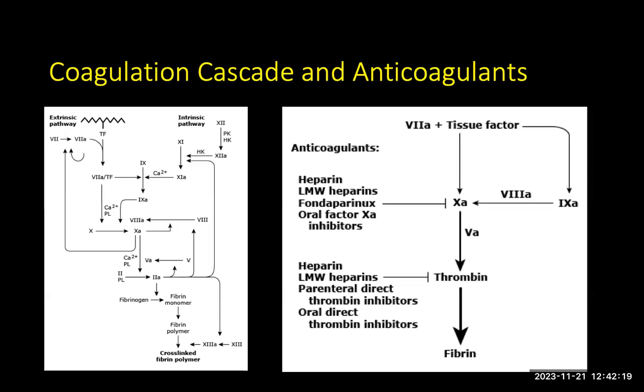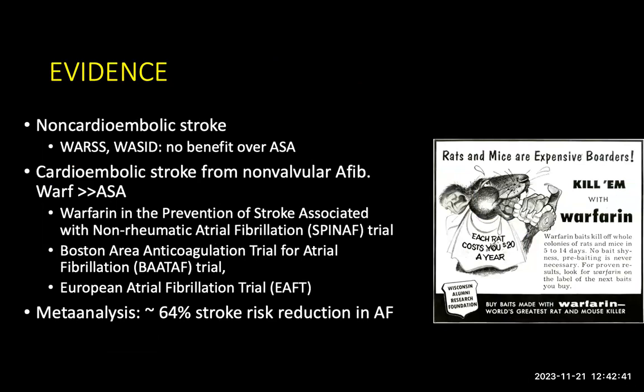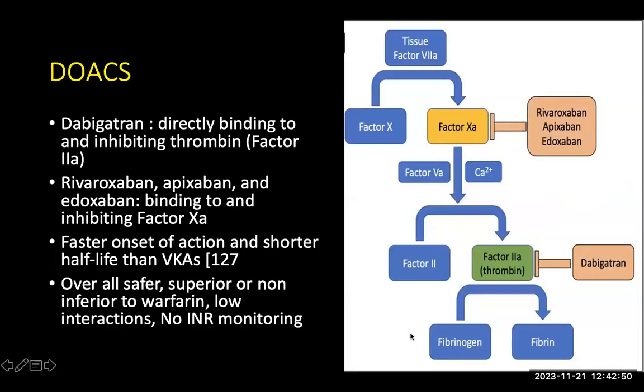Most of the anticoagulants that we have are targeting factor Xa in the coagulation cascade, which is apixaban, rivaroxaban, edoxaban, as well as direct thrombin inhibitors such as dabigatran. The warfarin, which is old, acts through depleting factors 2, 7, 9, 10. We had the old data from WASID, which really showed that there was about a 64% risk reduction in AFib.